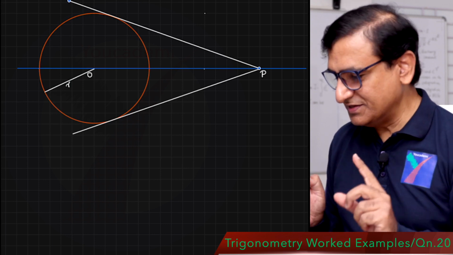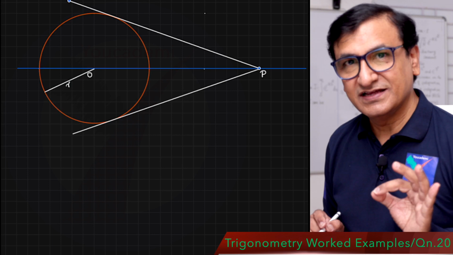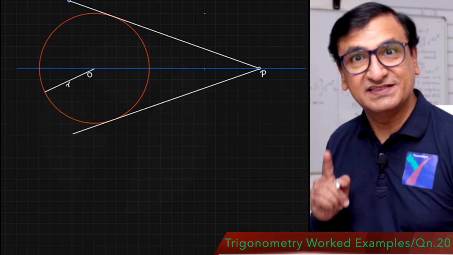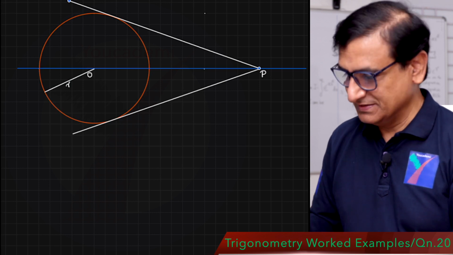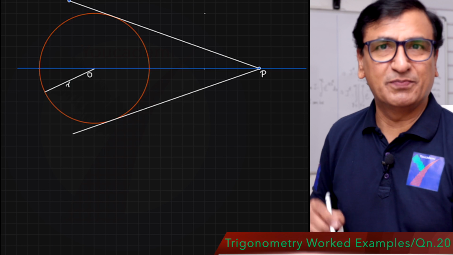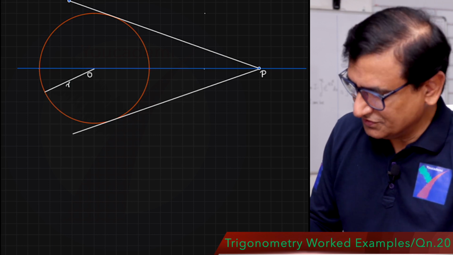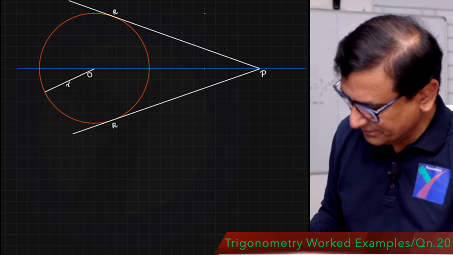Okay, so these are the two tangents from point P to the circle O. Remember, at the point of tangency, the tangent and the radius are perpendicular to each other. Let's call the points of tangency R and R prime. So this is R and this is R prime.